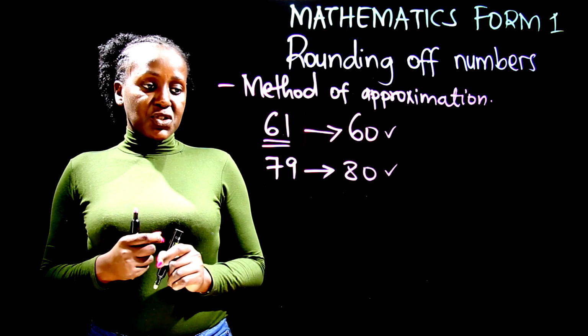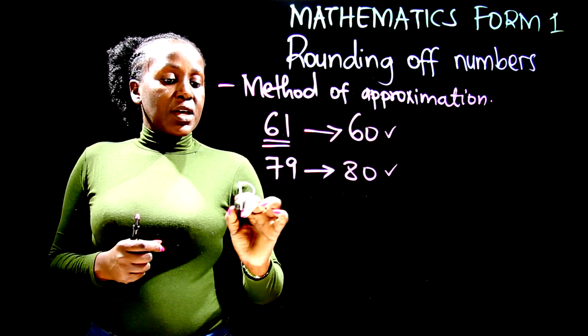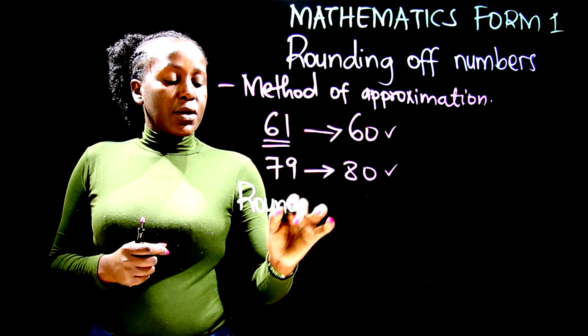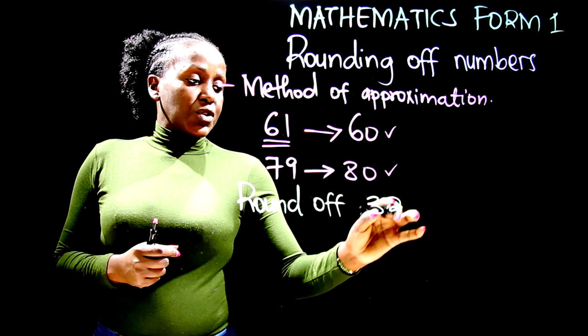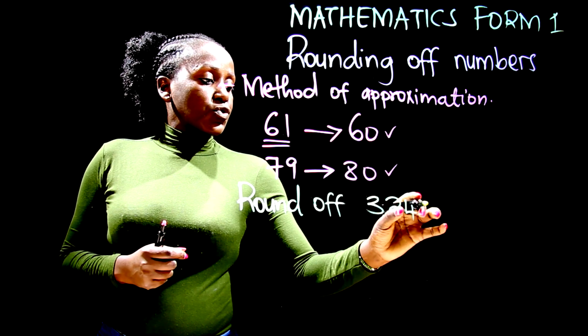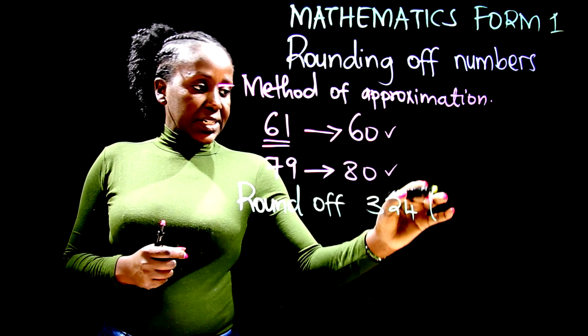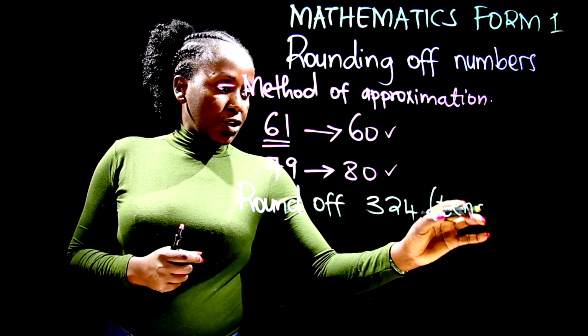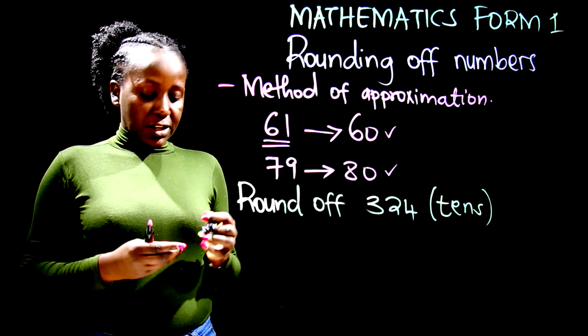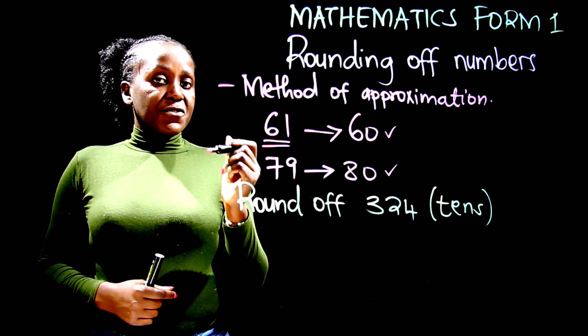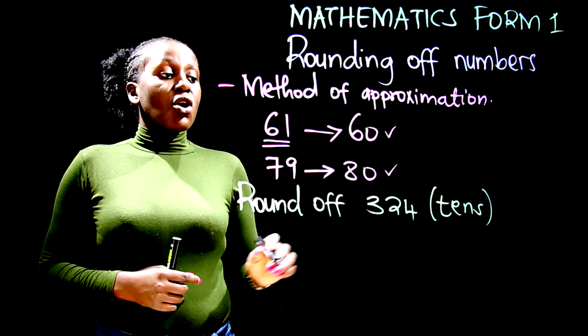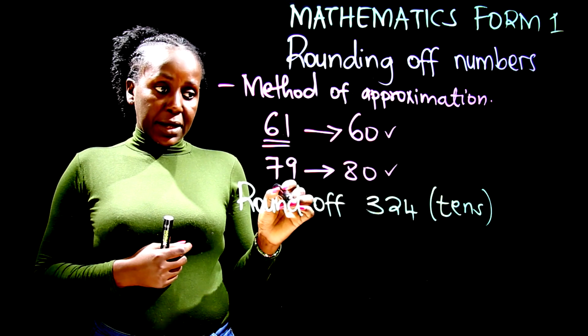Now let us do an example that will help us to learn the rules of approximation. Round off 324 to the nearest tens. We begin by identifying the place value of the digits of this number.